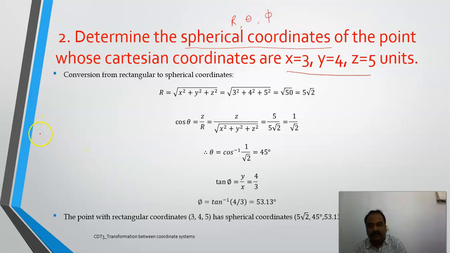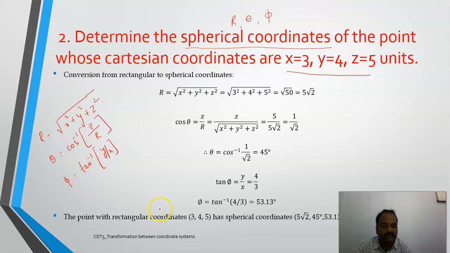We have already seen that R is equal to square root of x square plus y square plus z square, theta is equal to cos inverse of z by capital R, and phi is similar to that of the cylindrical coordinate system, it is tan inverse of y by x.